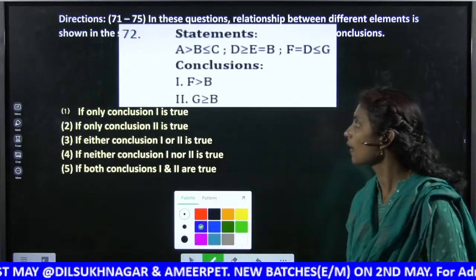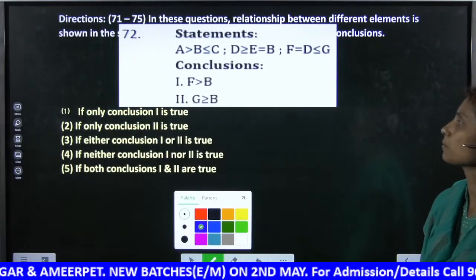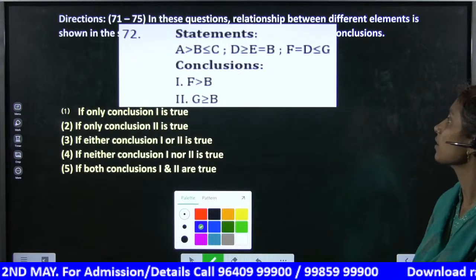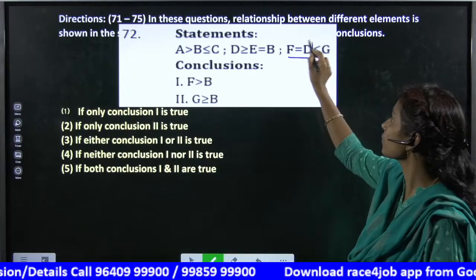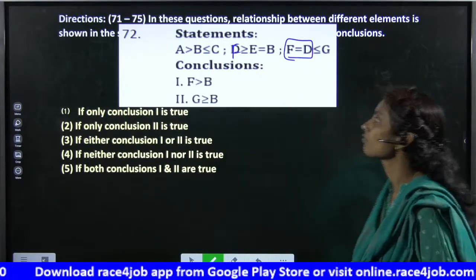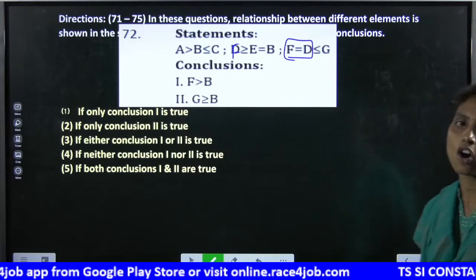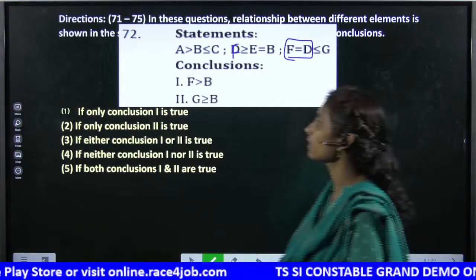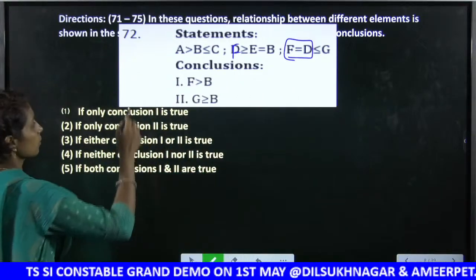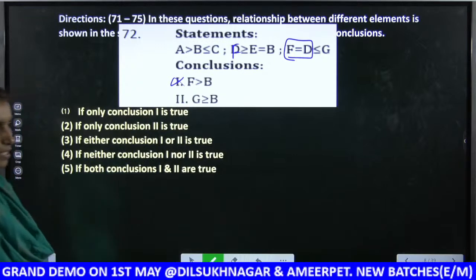Check it here. Next, check the question and give the answer. F of B relation. Again here, F is equal to D. In place of D, place F. F is greater than or equal to B. But here they gave F greater than B. That is false. Next.